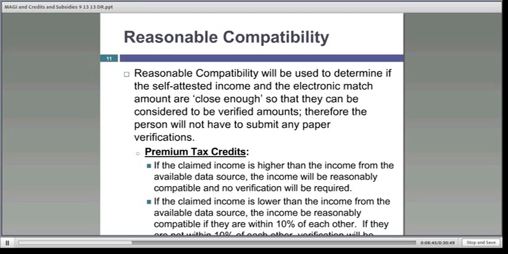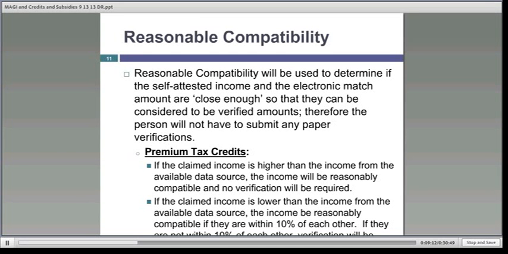So for premium tax credits, if the income that a person self-attests to is higher than the income from an available data source, the income will automatically be considered reasonably compatible, and we will take that self-attested income amount, and that's what will be listed as verified in our eligibility system. If the claimed income is lower than the income from the available data source, then they need to be within 10% of each other.